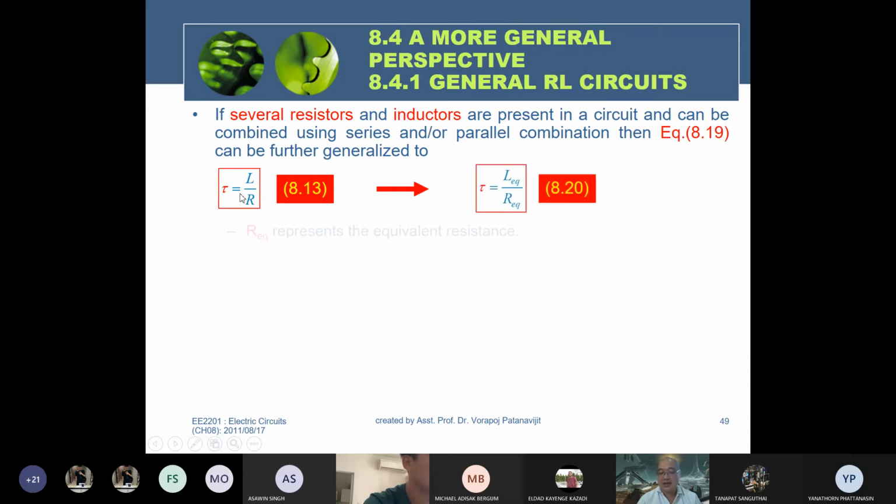You can see that this is the time constant for the RL circuit. If you have many inductors, you can combine them using the inductor combination and get the equivalent L in here. And in the circuit, if you have so many resistances, you use the equivalent resistance you get in here, and you can find the time constant.